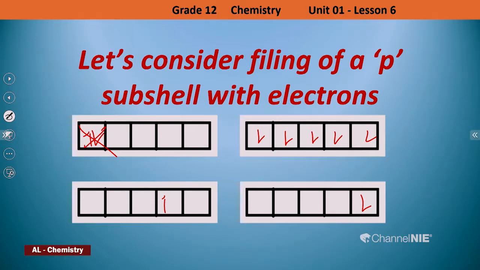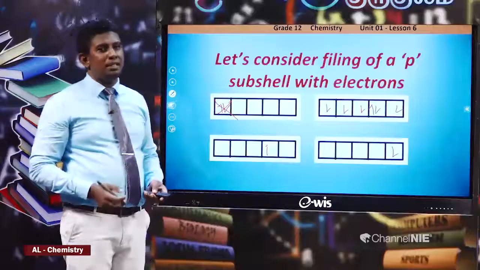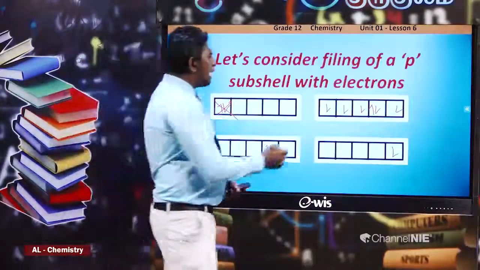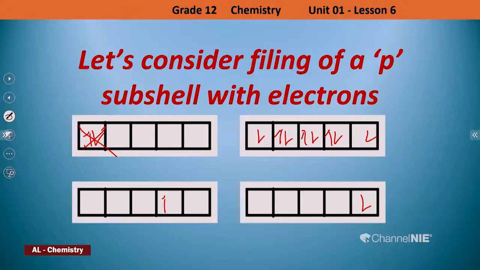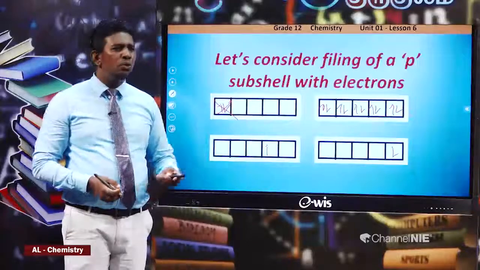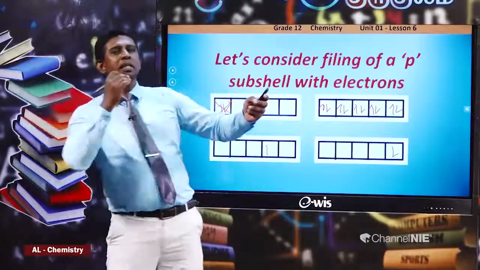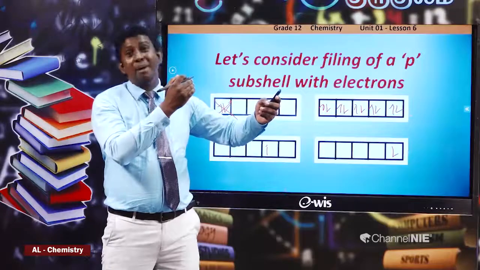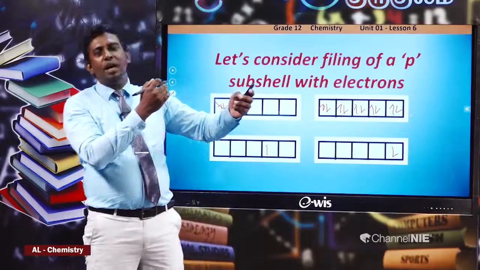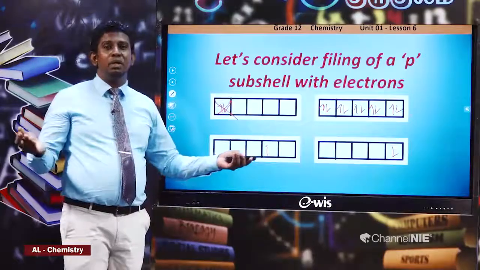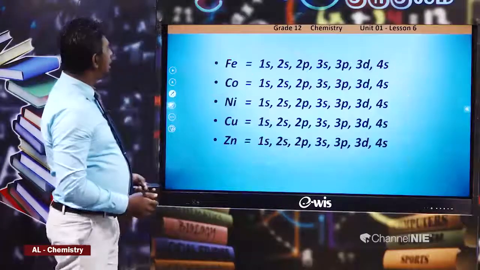Then you start pairing, filling in the opposite direction. You could start in any atomic orbital, it doesn't matter. You keep filling till all become pairs. That's what Hund's rule states. Unless you fill all the atomic orbitals as unpaired, you can't start filling them as paired. That's the point.